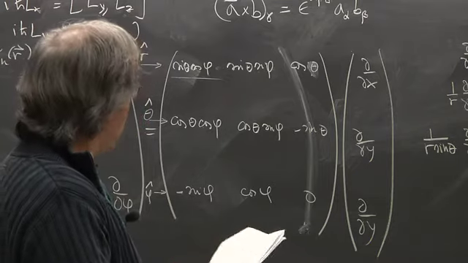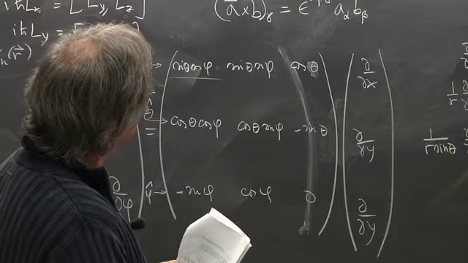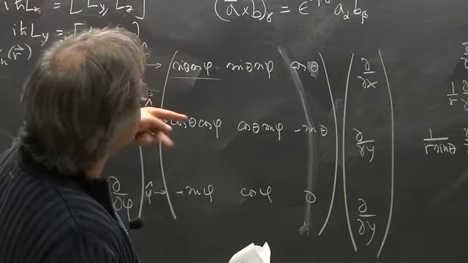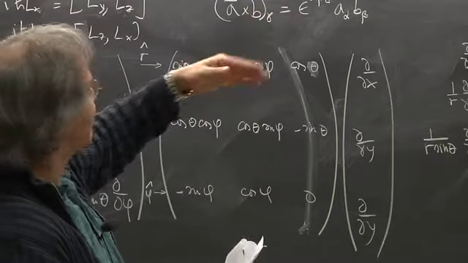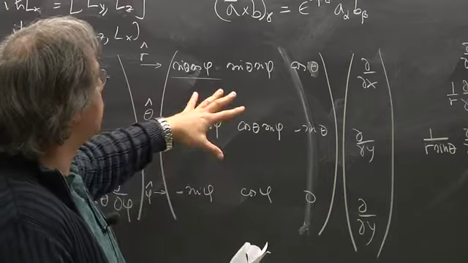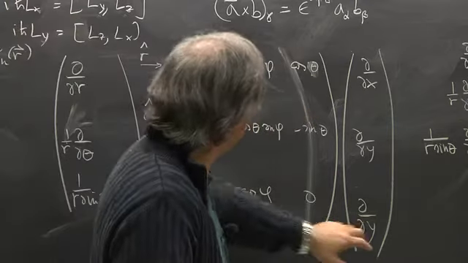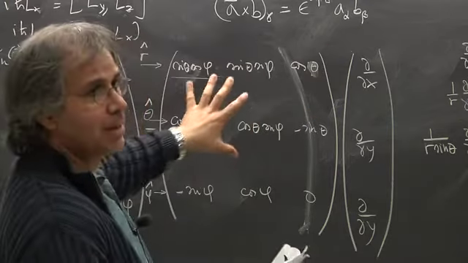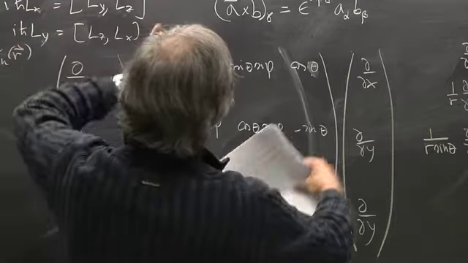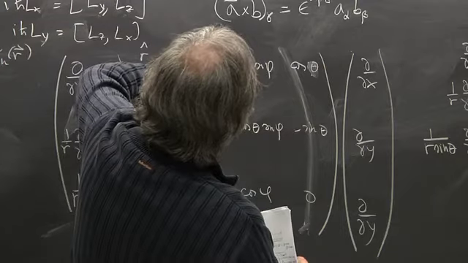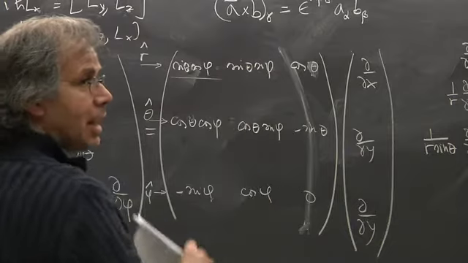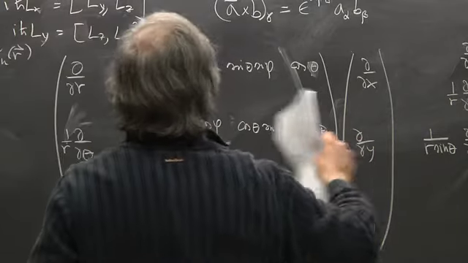Now, you can invert this. By the way, this is a matrix with 3 unit orthogonal vectors in rows, and therefore it is an orthogonal matrix. So if you want to invert and get this in terms of this, it's very simple. You just transpose this matrix. The transpose of the matrix, with the rows coming into columns, is simply the inverse that allows you to go from here to there.